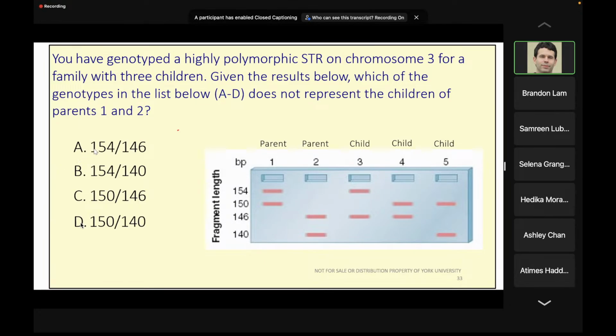These numbers are referring to the sizes of bands. You want to understand this one.